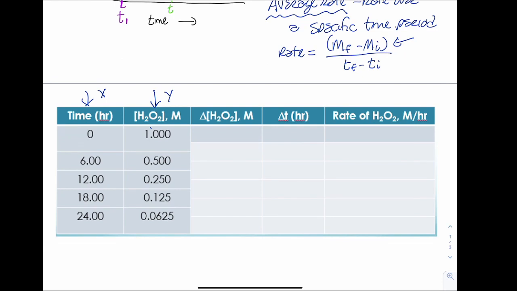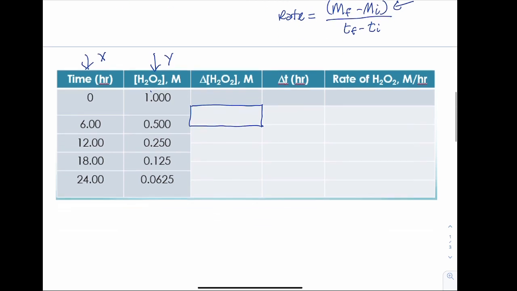My final is 0.500, if I'm looking at this box right here, we're going to fill this in. I have 0.500, I have 1.000 initial, so 0.500 minus 1.000, this is M final minus M initial. I'm going to have a negative 0.500 molar.